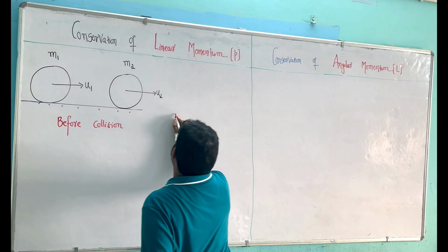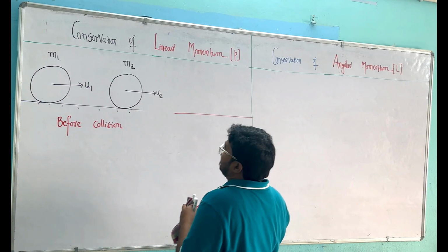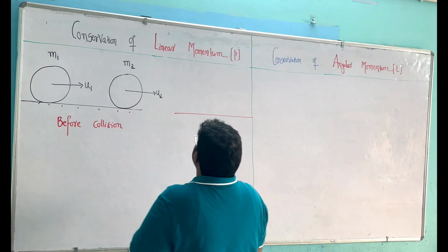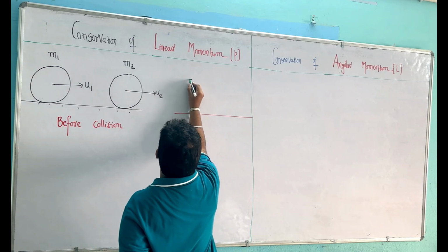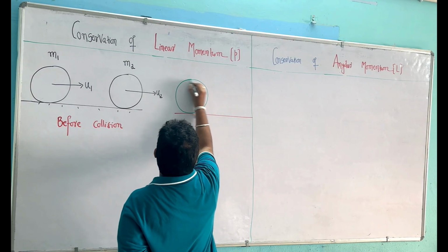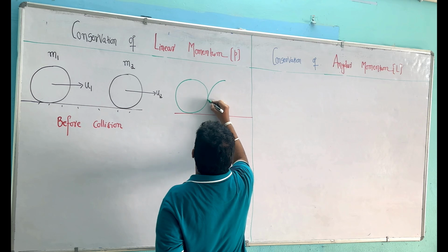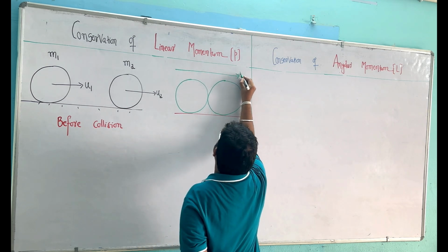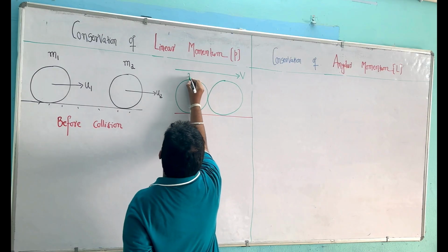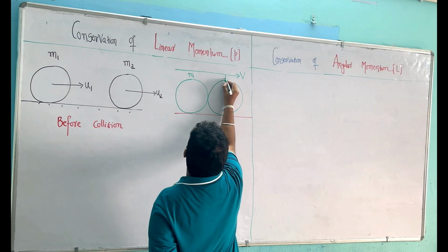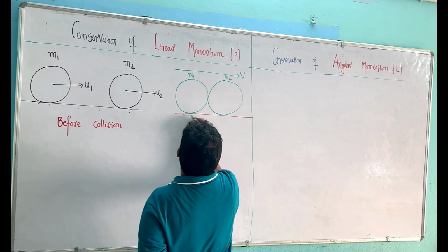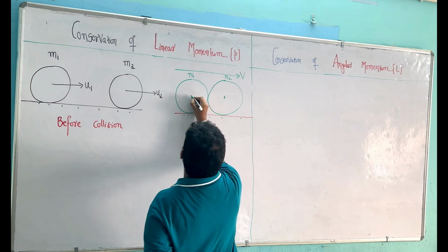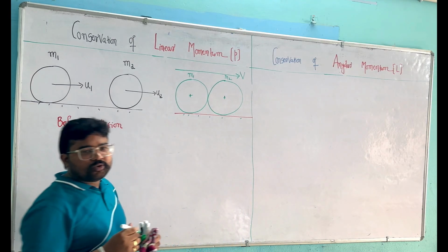After collision, what are the velocity of the bodies? Both bodies move together with common velocity v. Mass m1. This is mass m2. After collision, both the bodies move together.